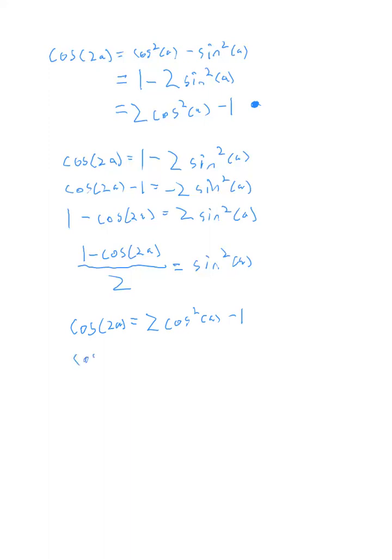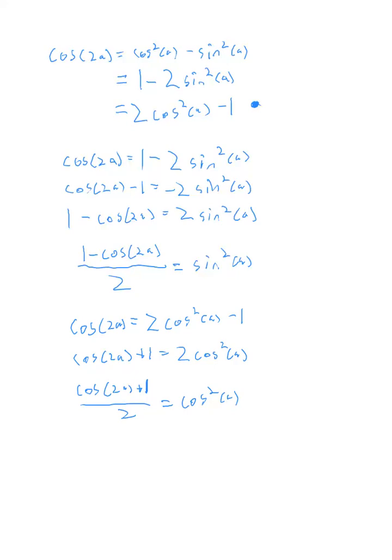Add 1 to both sides to get cosine of 2a plus 1 is equal to 2 times cosine squared of a. Now I can divide both sides by 2 to get cosine of 2a plus 1 over 2 is equal to cosine squared of a. And perfect, that's what we would call the power reduction formula for cosine.